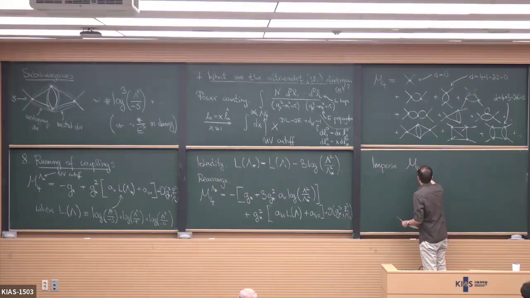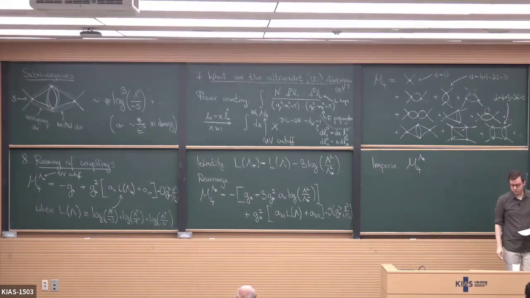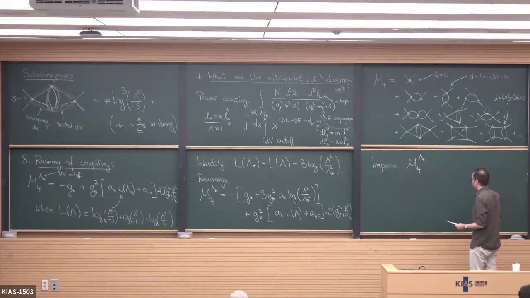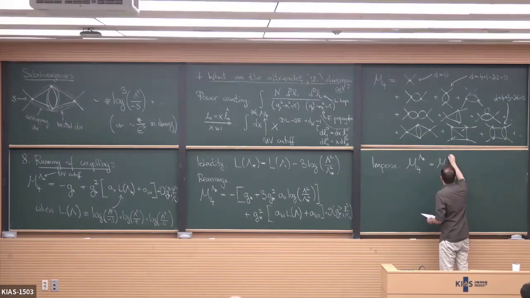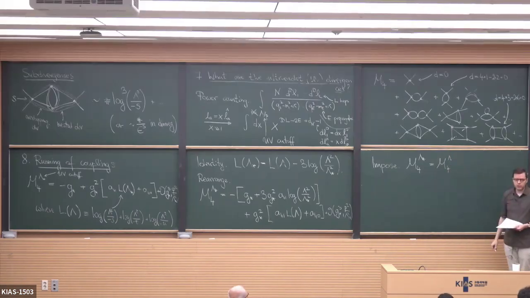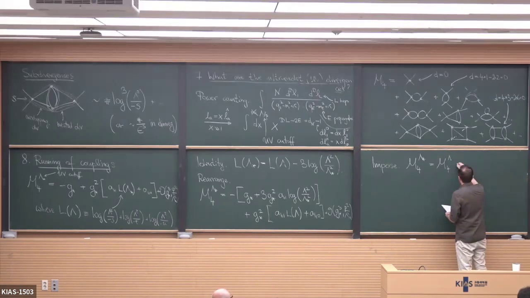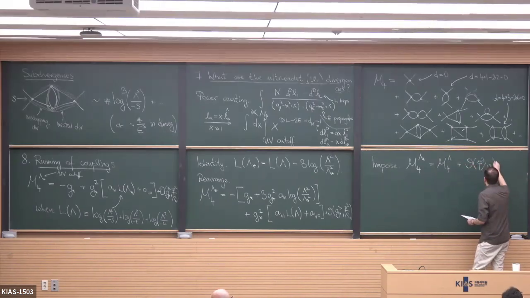And I'm going to claim that my original amplitude, the 4-point amplitude with the old cutoff, should actually equal the amplitude at the new cutoff plus corrections of order p squared over lambda squared.